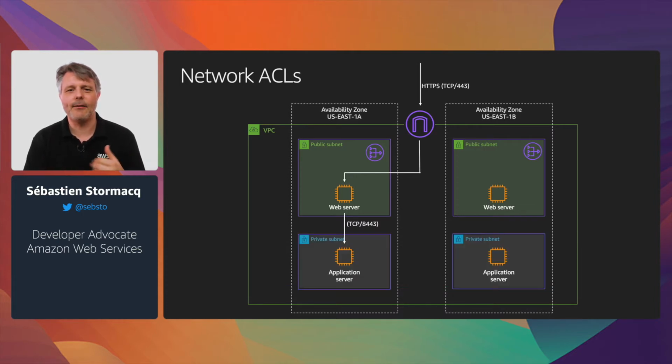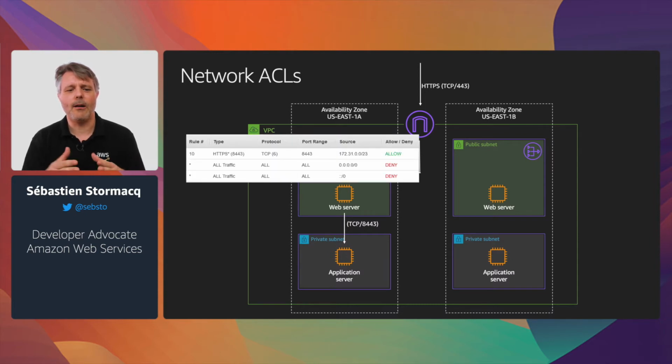For my app server, I would like to be sure that the web server can only talk to the app server. And the app server, as you can see on the diagram, is listening on port 8443. So I will create a rule that only authorizes traffic if the destination port is 8443 and if the source is one of the addresses of the subnet, or actually the VPC, 172.30.1.